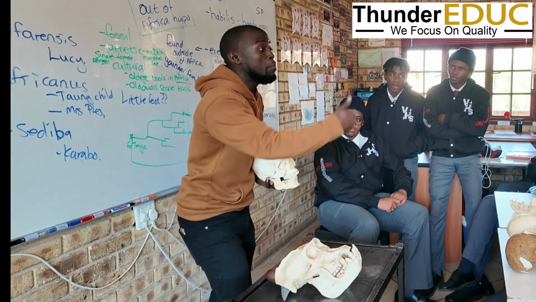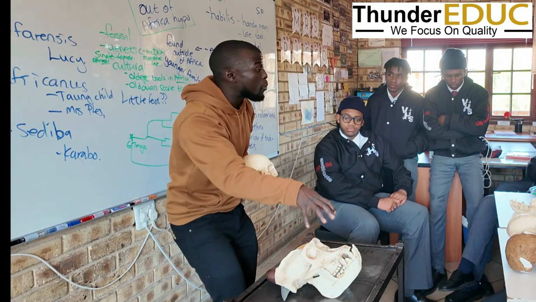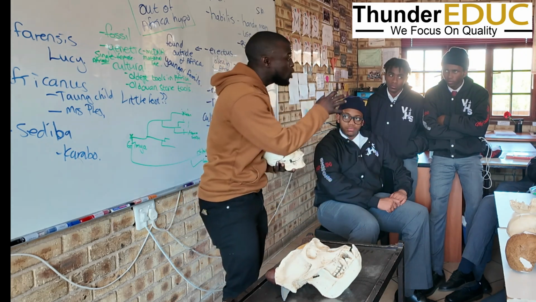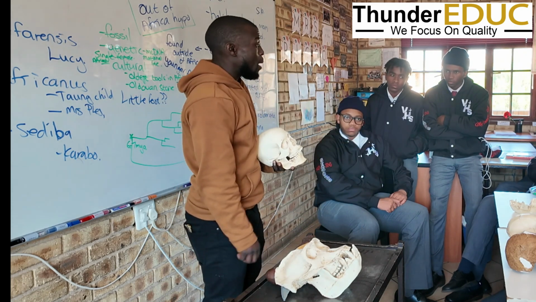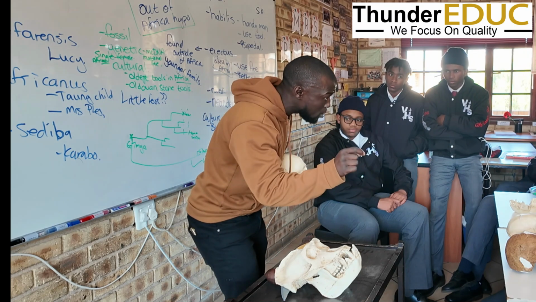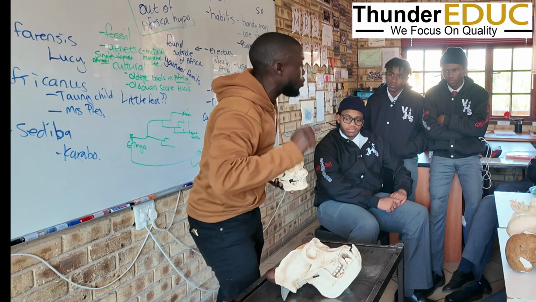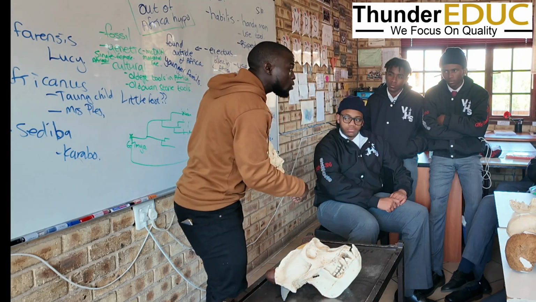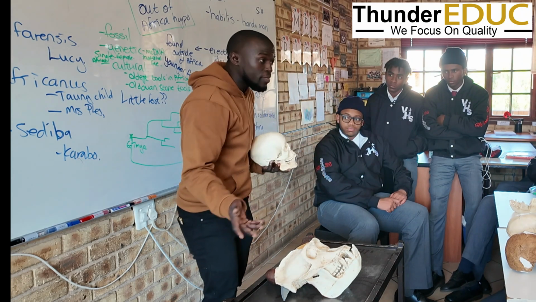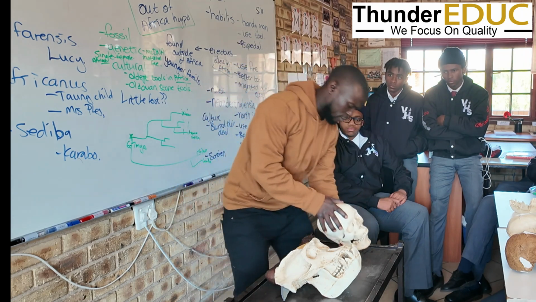If you want to use the word more, then you can say more protruding jaws, less protruding jaws. But the word prognathous means more protruding jaws. So if it is less, it means it's not prognathous. Clear? Yes.